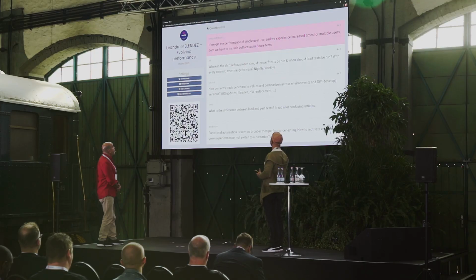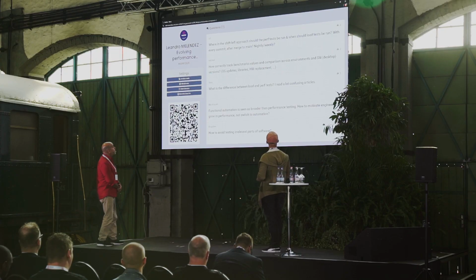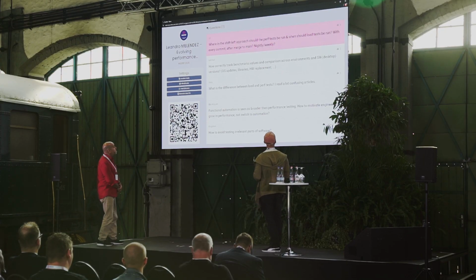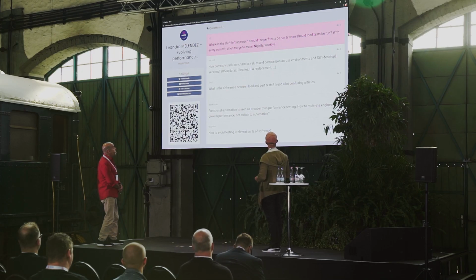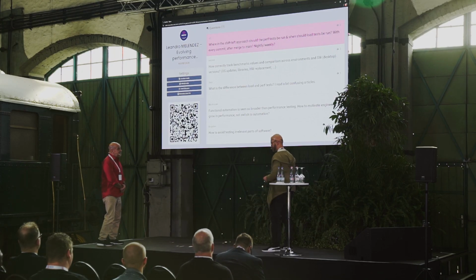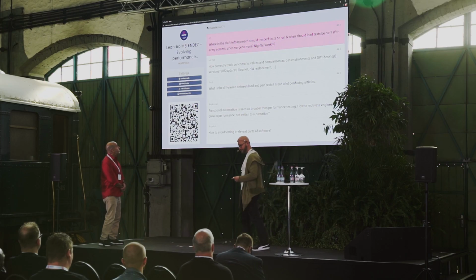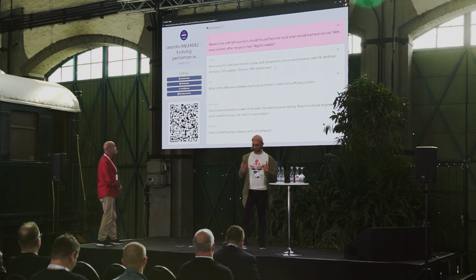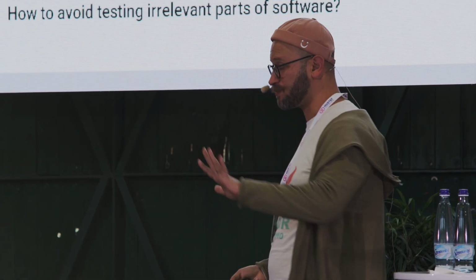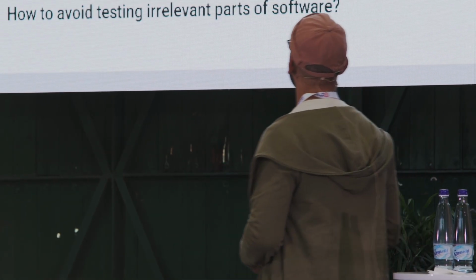Okay. Where in the shift left approach should the performance test be run, and when should load tests be run? With every commit after merge to main, nightly, weekly? Okay, with every commit after merge to main, no. That's what I'm saying. Load tests in the pipeline, in the merges, in the automated processes, please don't do it.